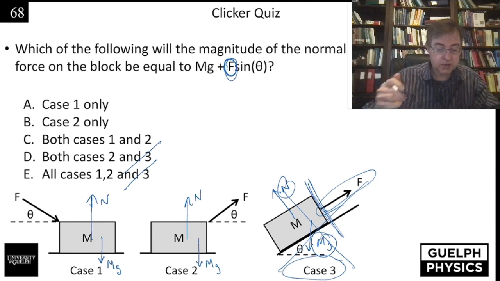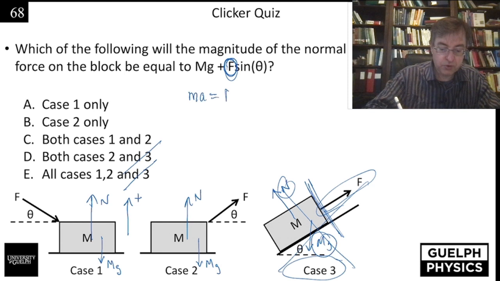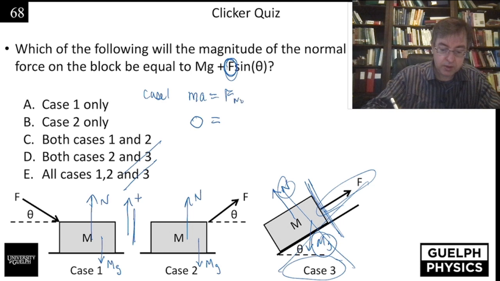So if I look at case 1, I'll make this direction here positive, and I just balance mass times acceleration equals net force along the vertical direction. As I said, there's no acceleration along the vertical direction in case 1. And the force is going to be given by N, and then mg downwards, and then this component of F, which is downward.